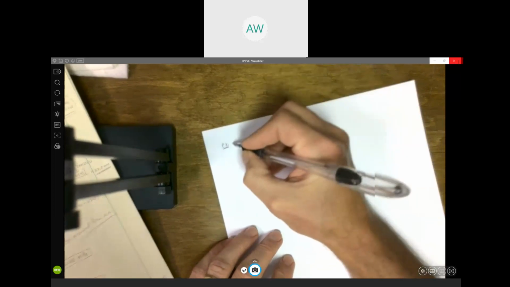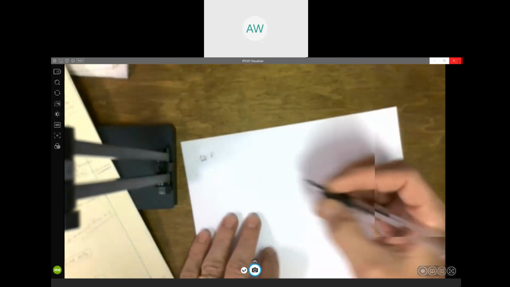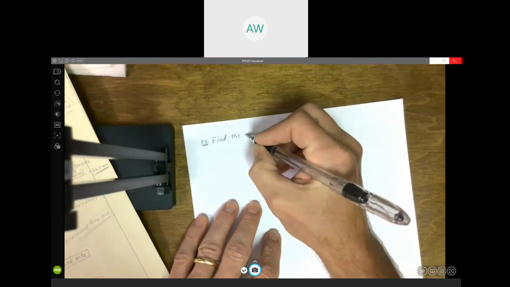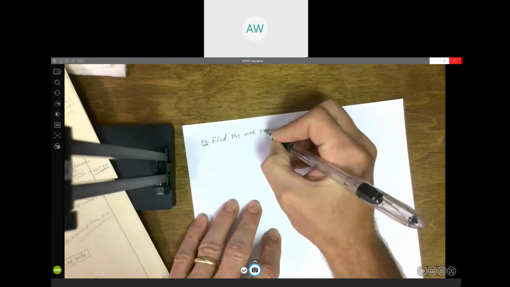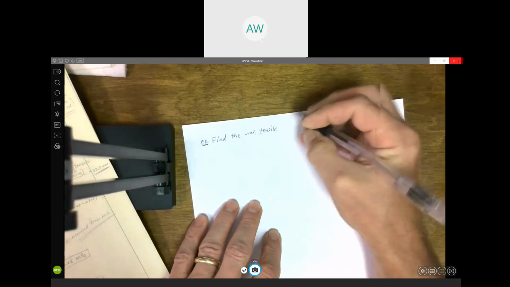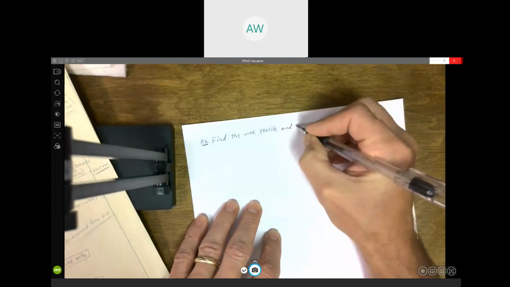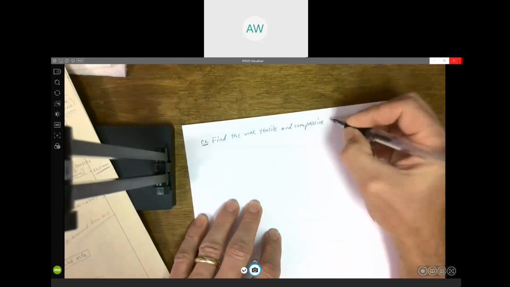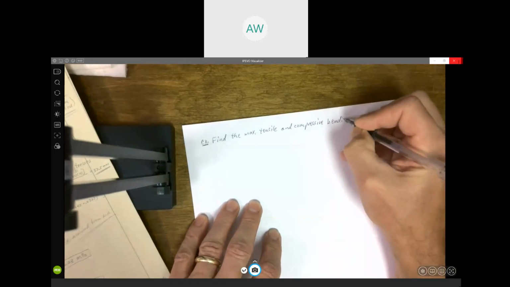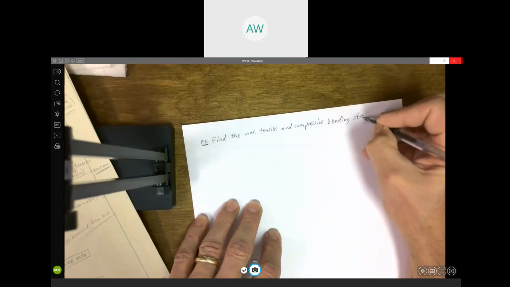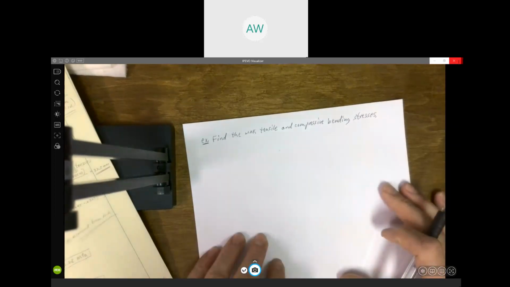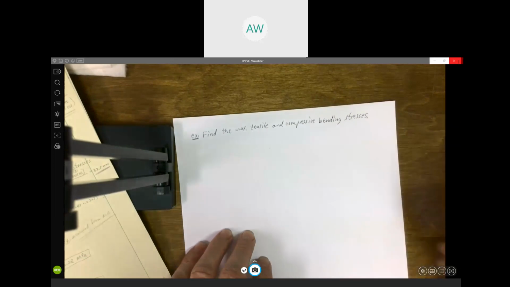But what we're asked to do here is to find the maximum tensile and compressive bending stresses. All right, so we're going to be given this cross section, and we want to find what's the maximum tensile stress, what's the maximum compressive stress.